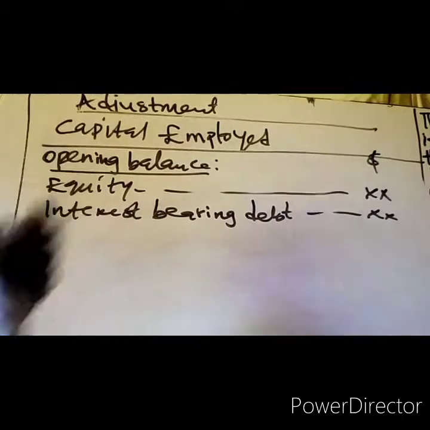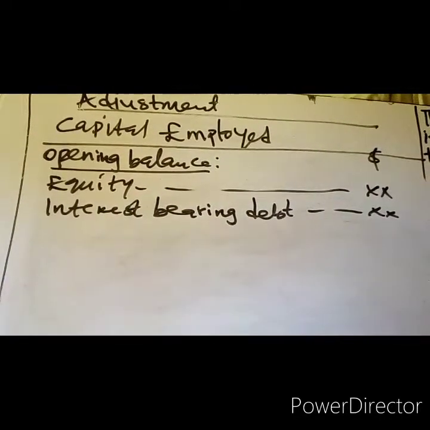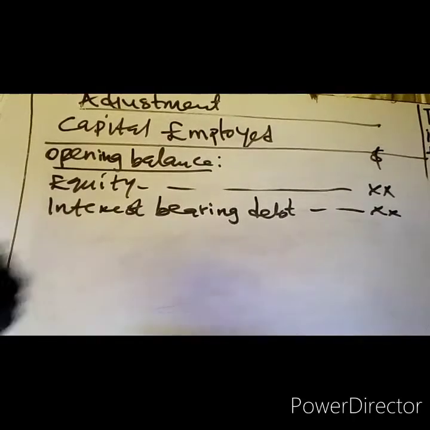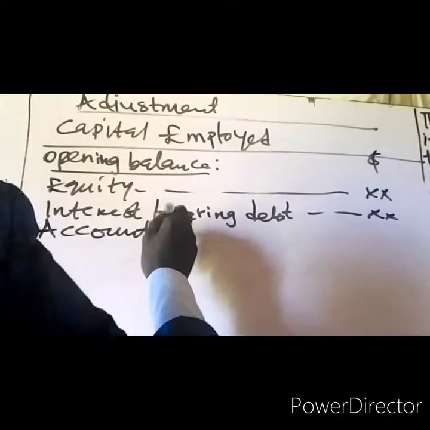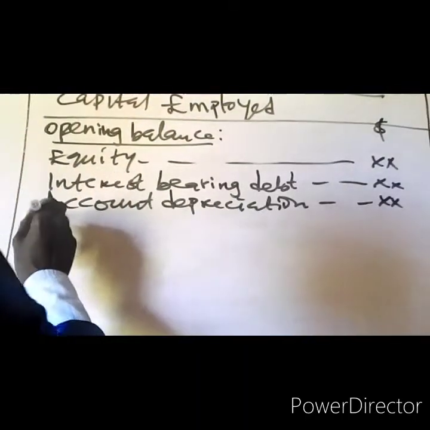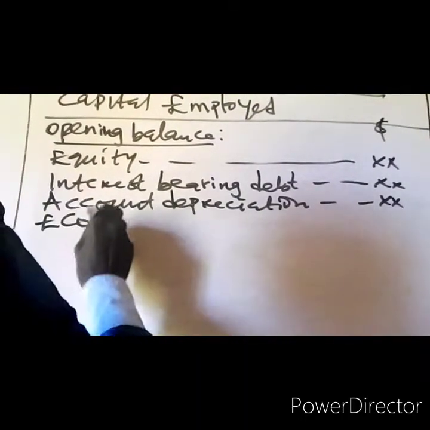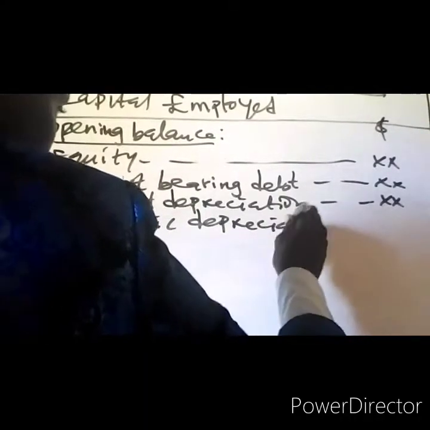Then you now incorporate those adjustments to equity. Those adjustments include the accounting depreciation. I've told you that accounting depreciation will be added. So you add it where it is given, then you deduct economic depreciation.